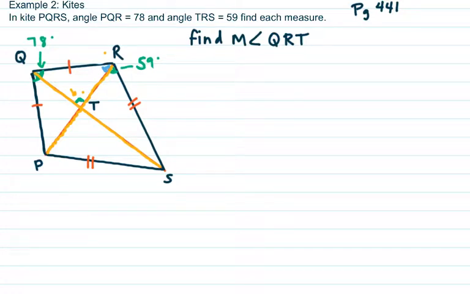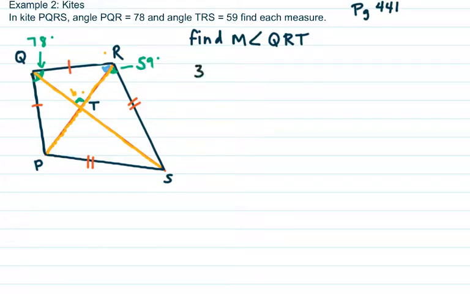So this part is 90. Let's see if we get the same answer. Let's make an assumption. Let's take half of 78, assuming that that diagonal cuts it in half, or cuts Q in half. So 78, half of that is 39.